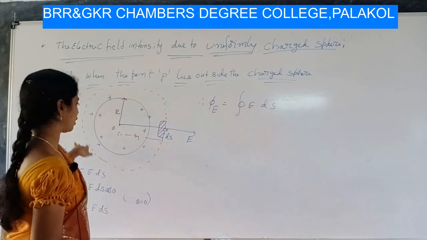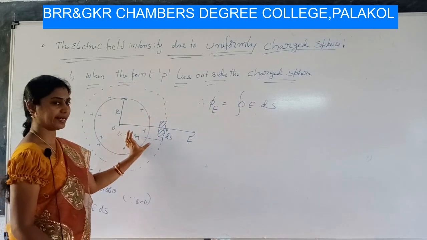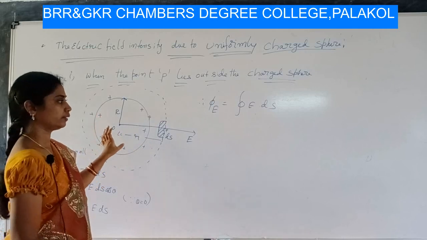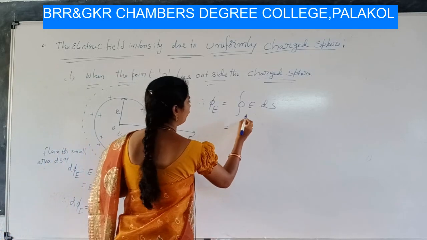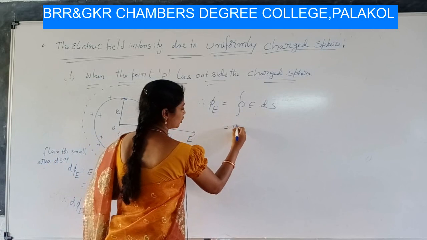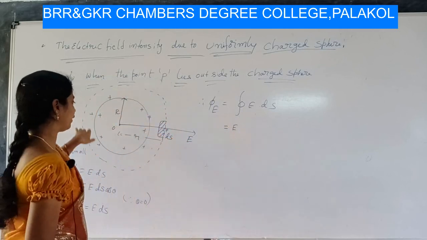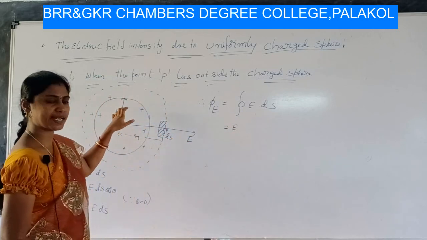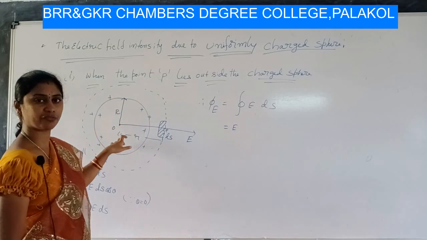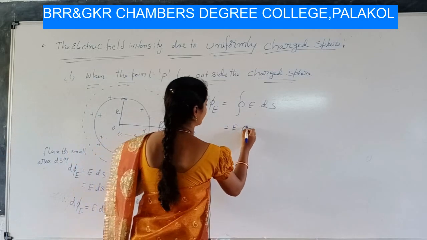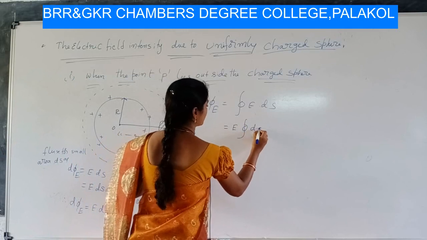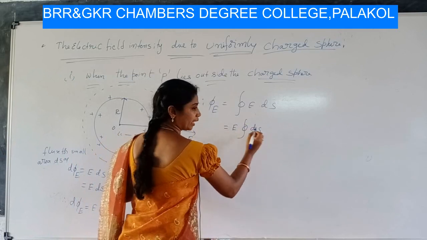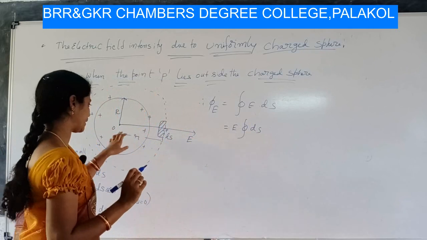Here the Gaussian sphere has radius r and center O, so we can write E as constant. It is the same for all parts of the sphere. Hence we can write it before the integration: E closed integral ds.